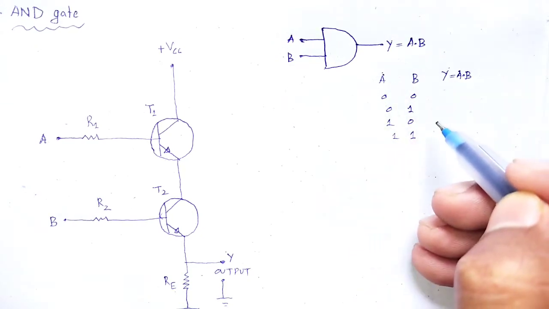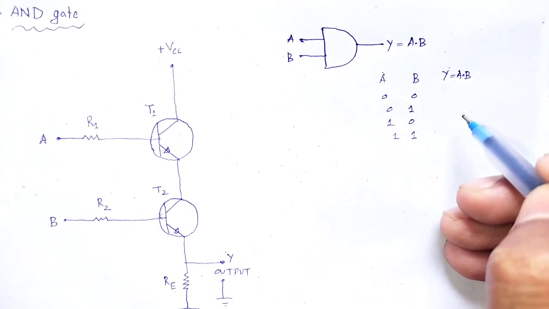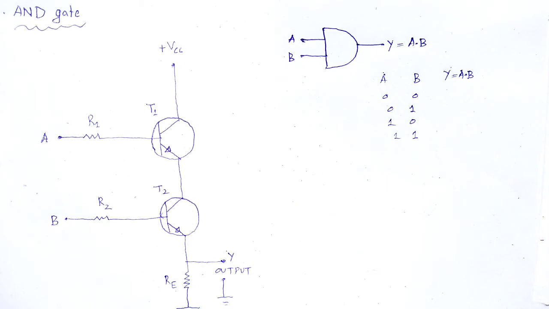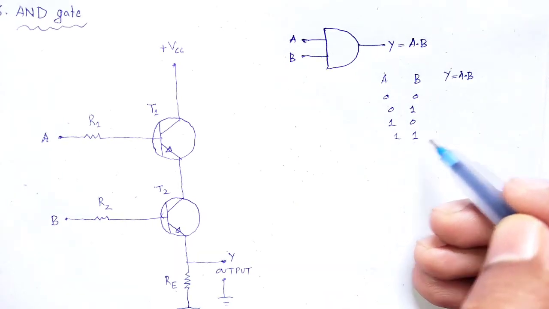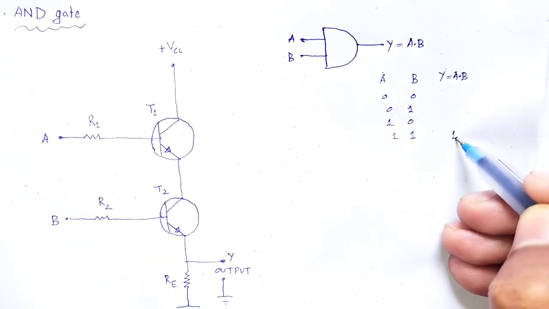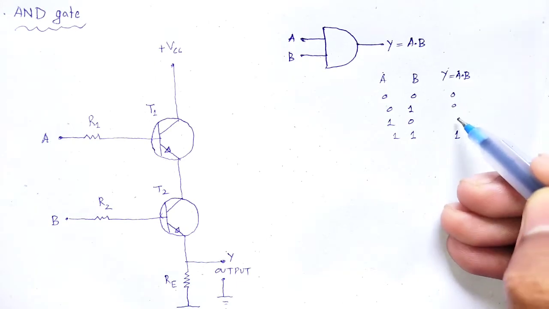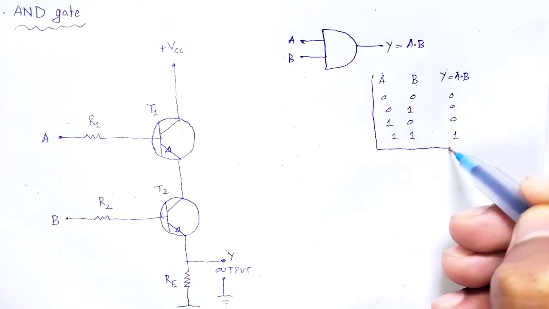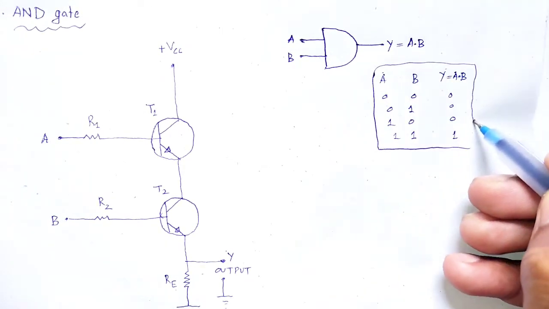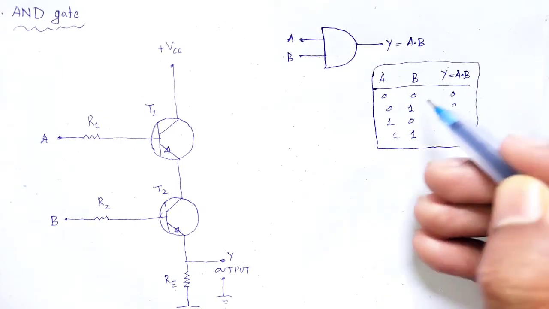In case of AND, when two inputs are high, at output we have high, otherwise it will be 0. That is the truth table for AND gate.